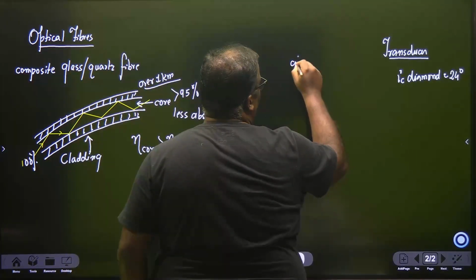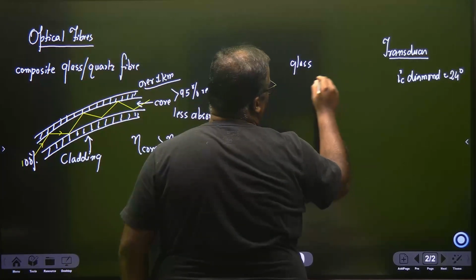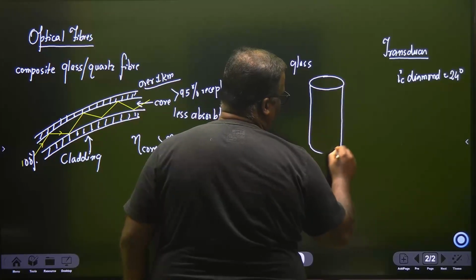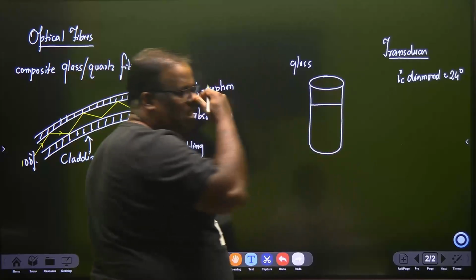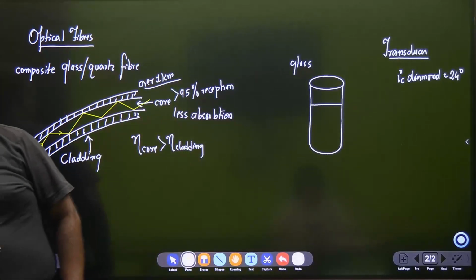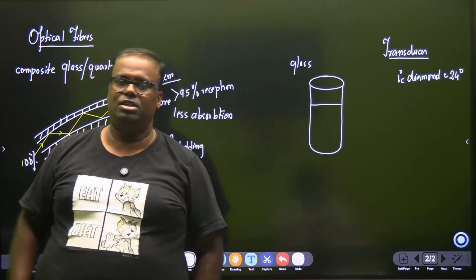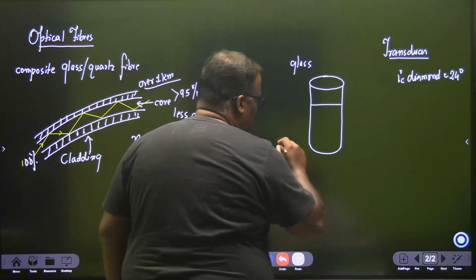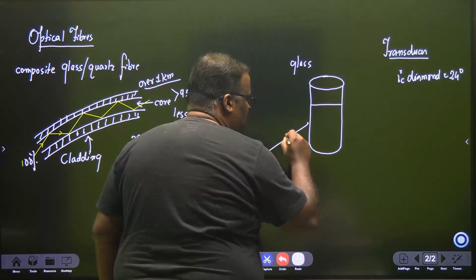You can take a glass and fill it with milk. Milk is a colloid. Then take a laser beam. Laser beams are monochromatic, a single ray. They do not undergo any deviation or scattering. You illuminate the laser beam from here.